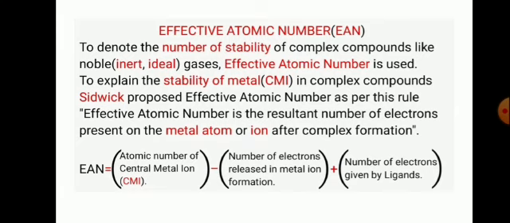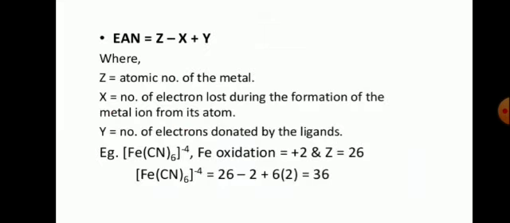So, Z minus X, where Z is the atomic number and X is the oxidation state. Plus, there are some electrons given to the central metal by the ligands. So, the entire formula turns out to be Z minus X plus Y, where Z is the atomic number of the metal, X is the oxidation state, and Y is the total electrons given by the ligands.